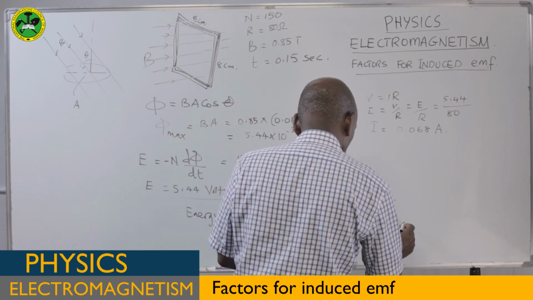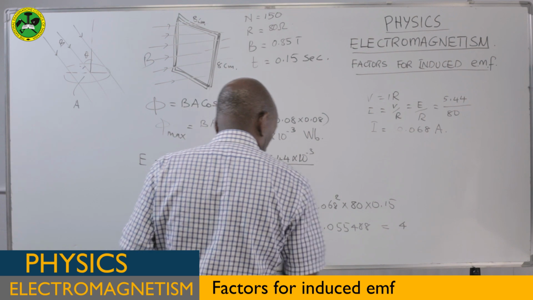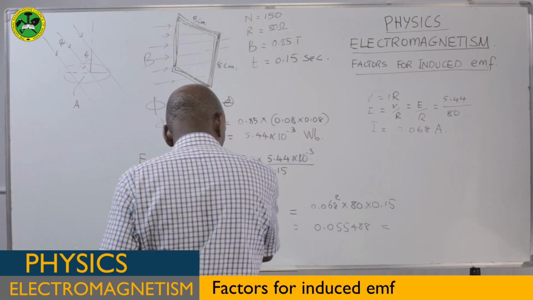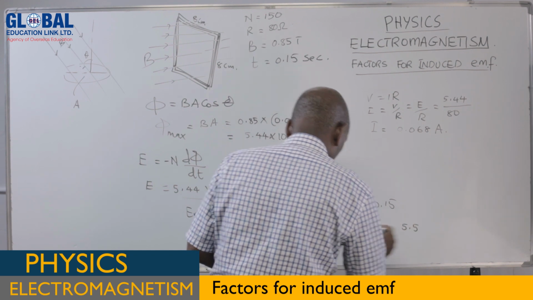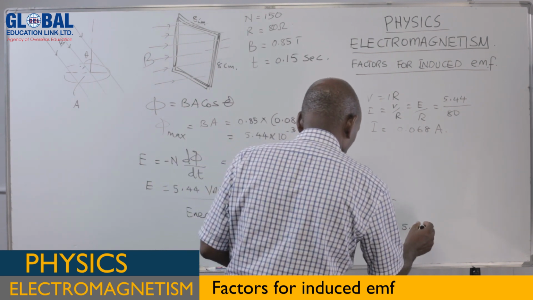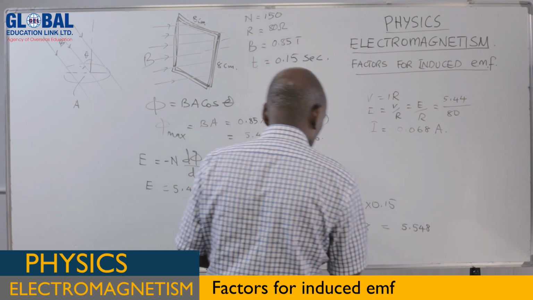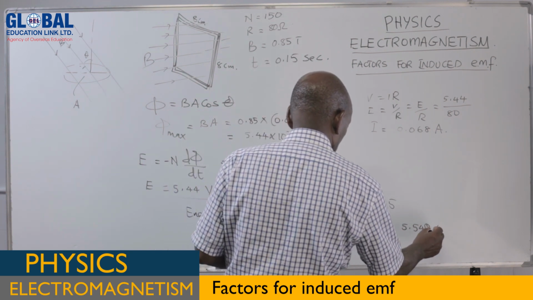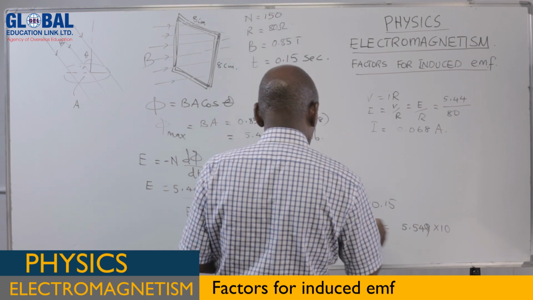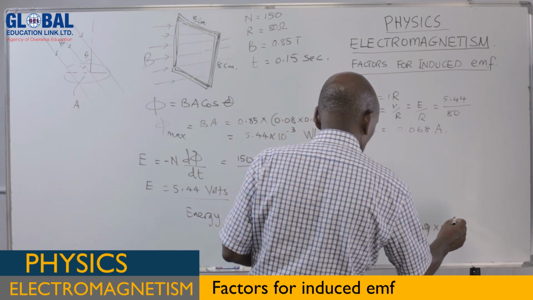Or simply, we say it is 5.5 times 10 to the power negative 2.